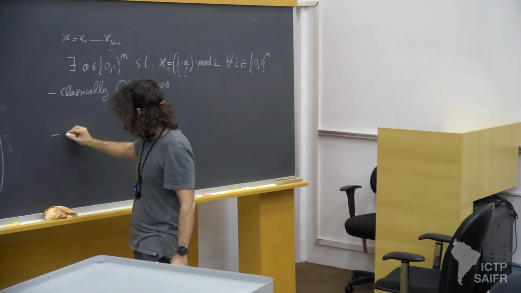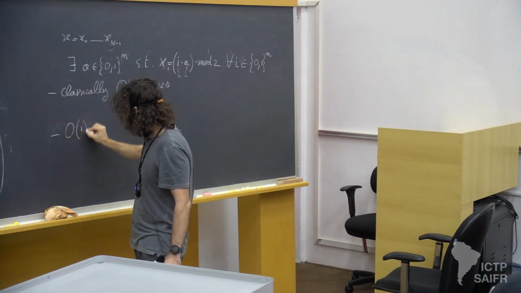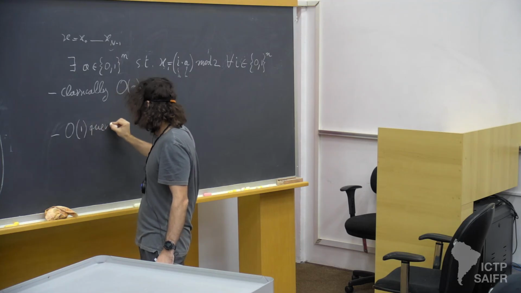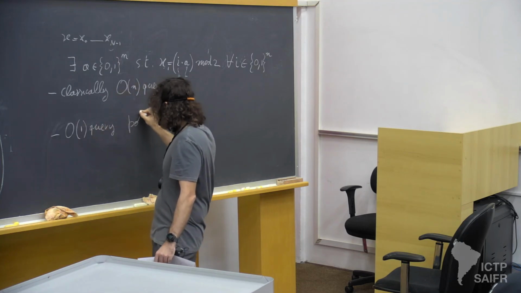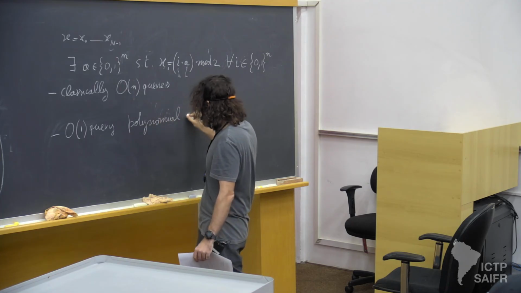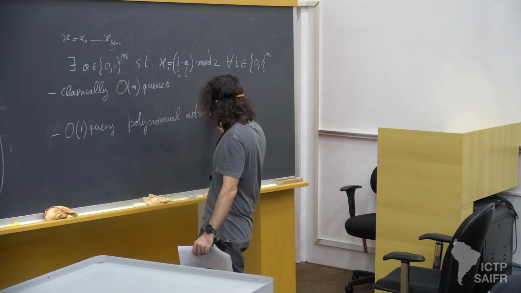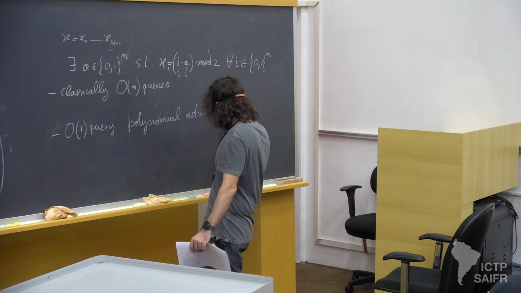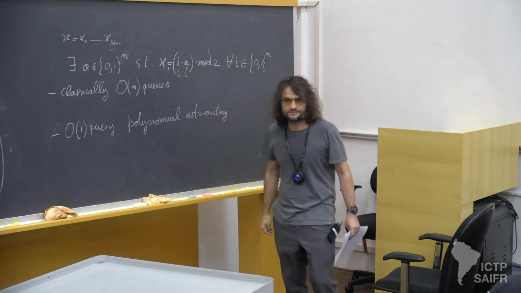Quantum, we have to do O(1) queries, and so we get a polynomial advantage in the number of qubits.